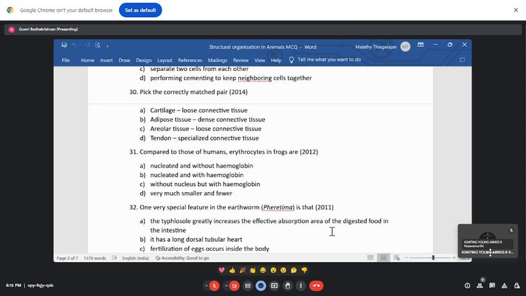Tendon connects bones too. It's a very tough tissue which has a lot of flexibility to facilitate movement, also to keep the bones and structure intact.